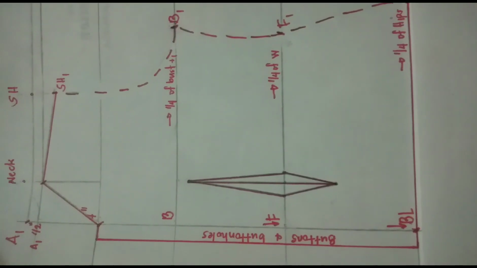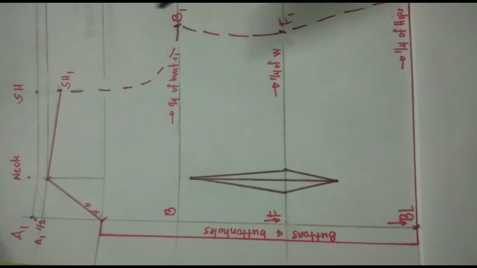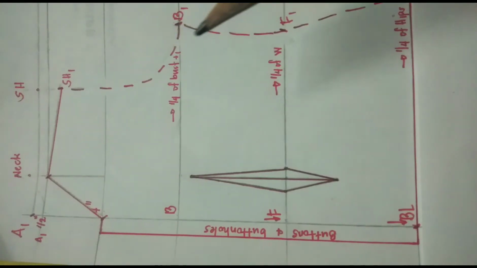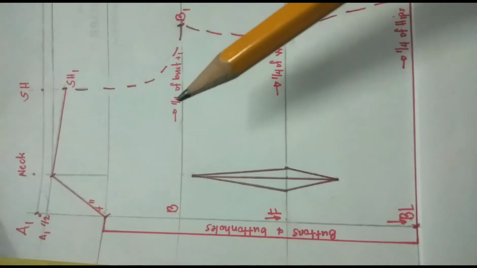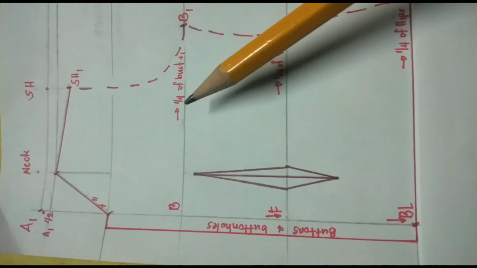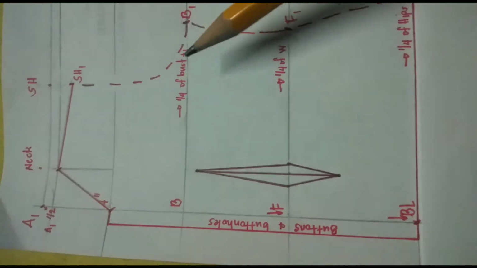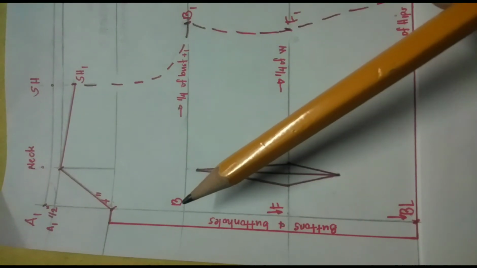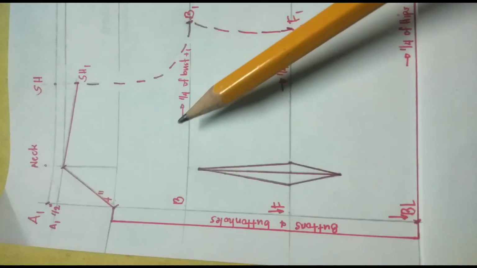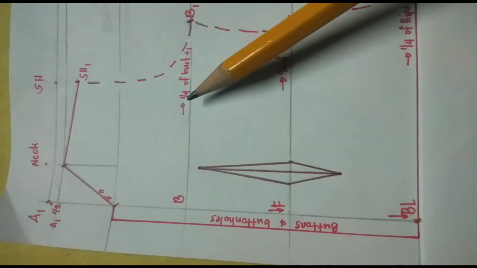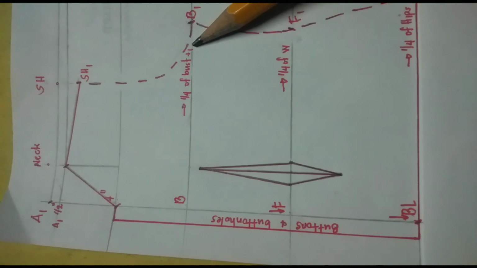So this is now your pattern for your blouse, the front pattern of your blouse. I made some markings and information on how to do it. For example, in the bust line, the arrow going right means 1/4 of bust plus 1.